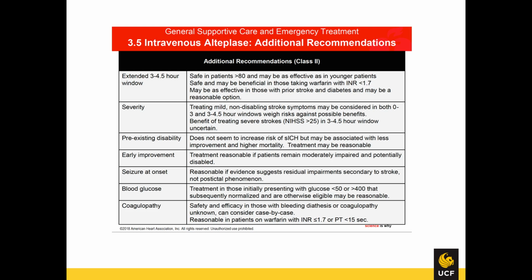The benefit of treating a stroke score greater than 25 in that 4.5 hour window period is uncertain. Pre-existing disability does not seem to increase the risk of spontaneous intracranial hemorrhage, but it may be associated with less improvement and higher mortality. But treatment still may be reasonable. Again, we're seeing that come up with each one of these criteria, it's like, well, geez, what do we do?